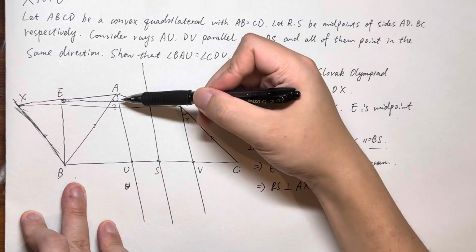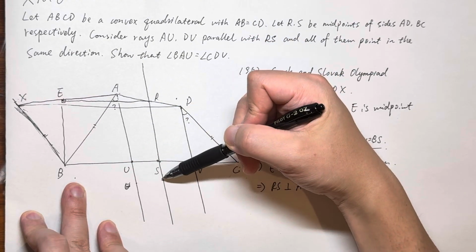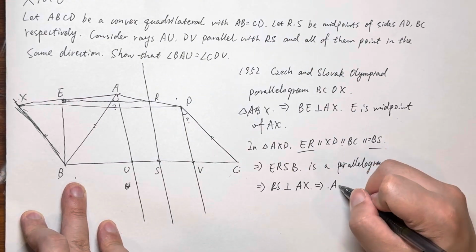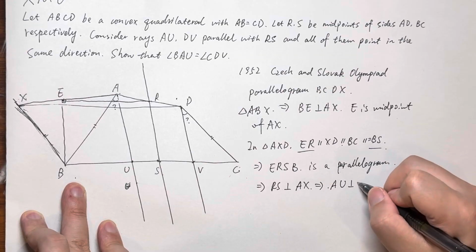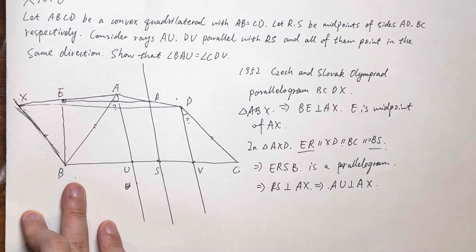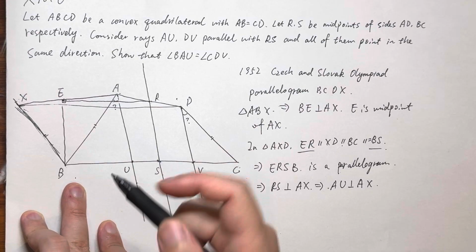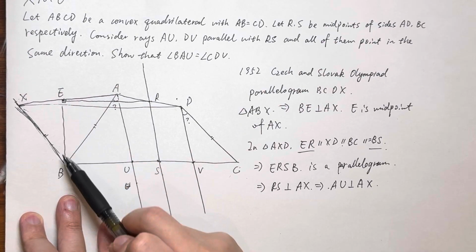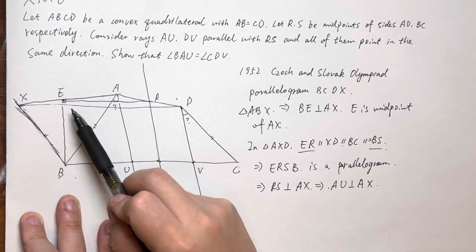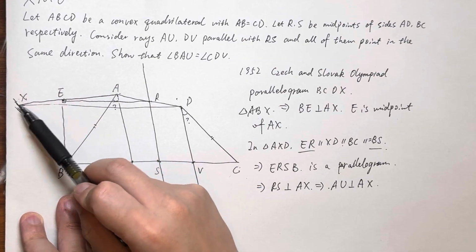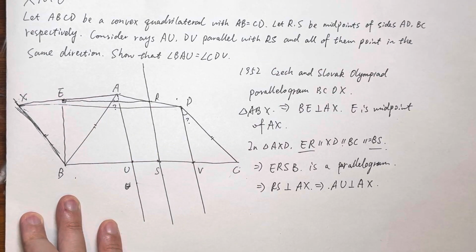Which means, because AU is in parallel with RS, AU is perpendicular to AX. Right? So we know that EB is in parallel with RS and AU is perpendicular to AX.